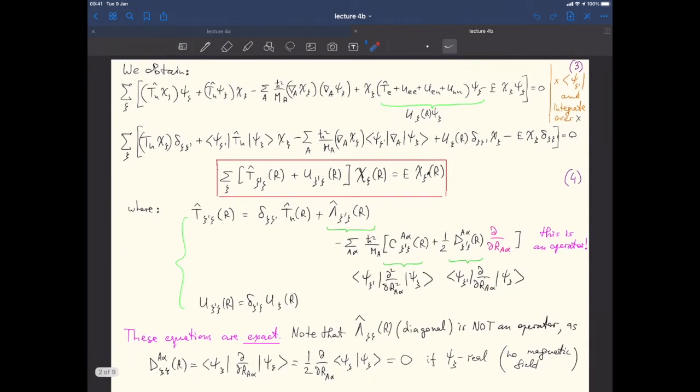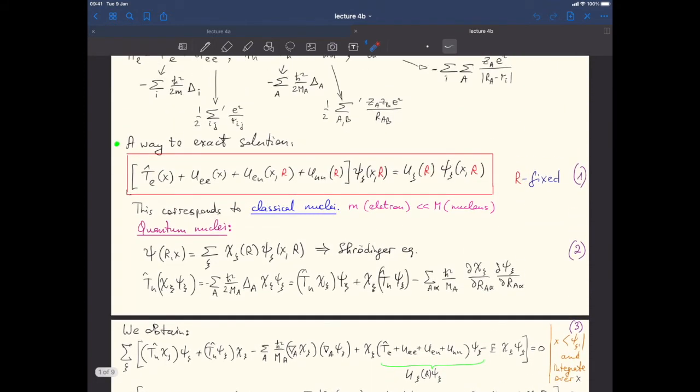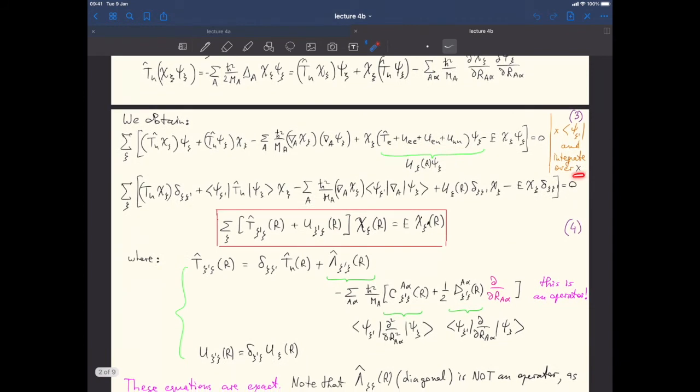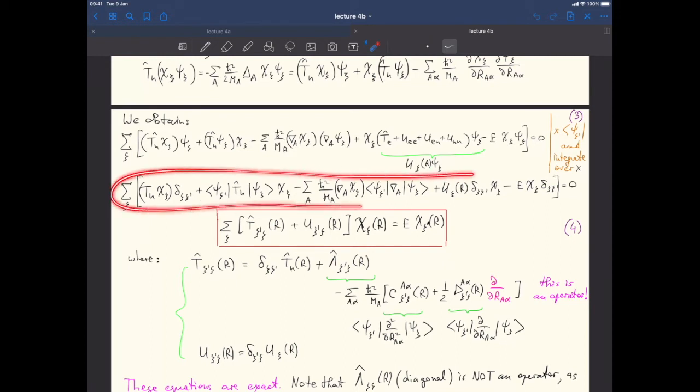So in order to have a closed set of equations for these coefficients, for these functions, we need to multiply this equation by the bra psi zeta prime, that psi, but with the index zeta prime, and integrate over electronic coordinates x. And this way we arrive at this equation here. All right?